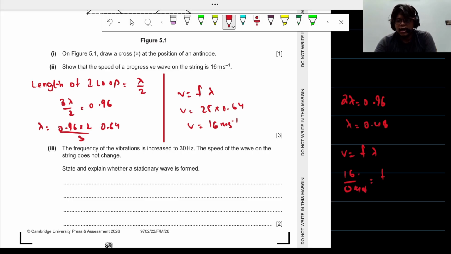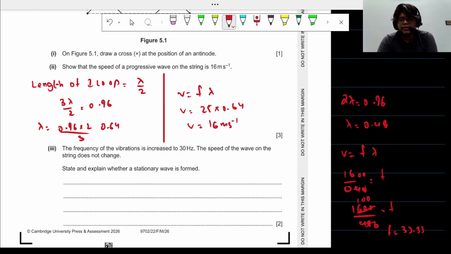So you will have 1600 divided by 48, and your frequency should be around 33.33, right? So this means 30 is not a harmonic. We won't have a stationary wave formed at it.